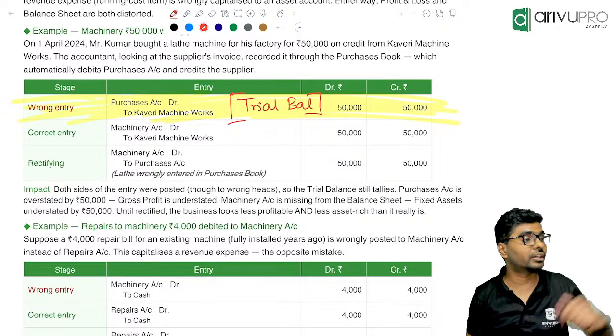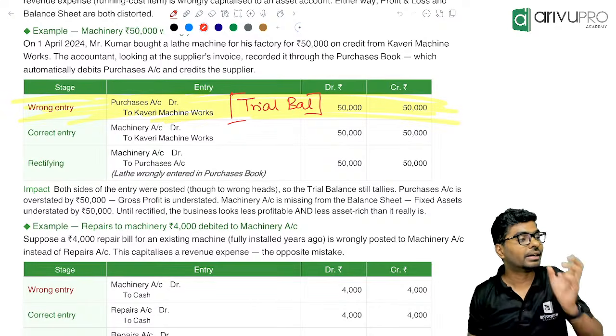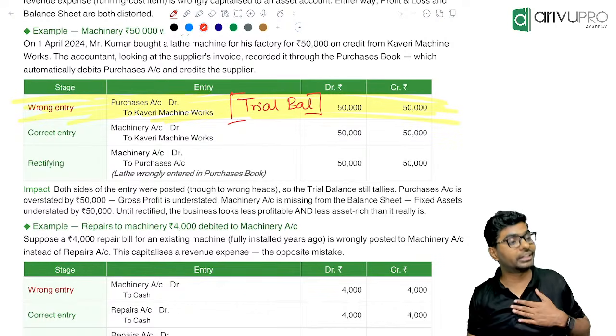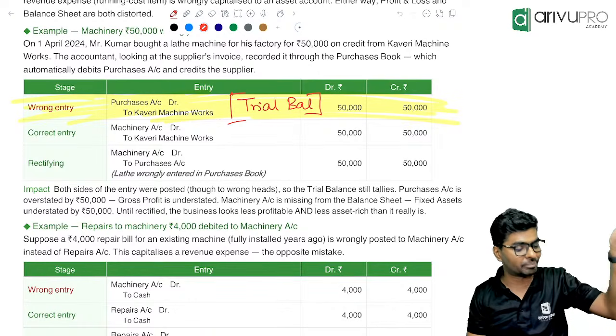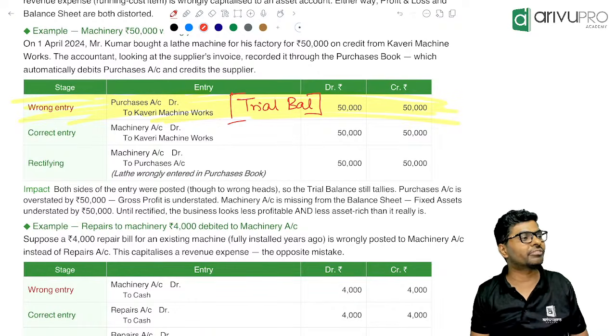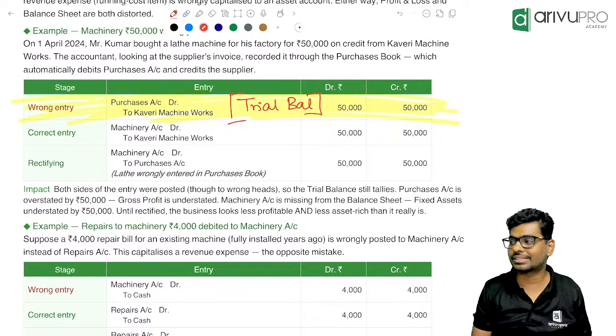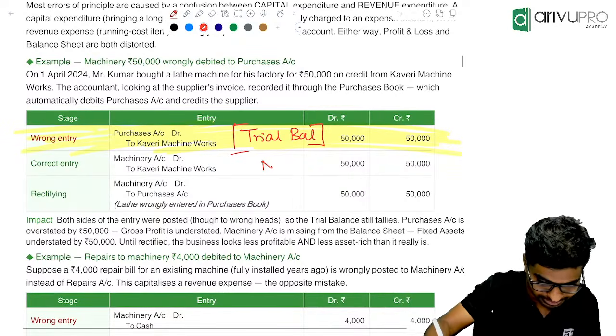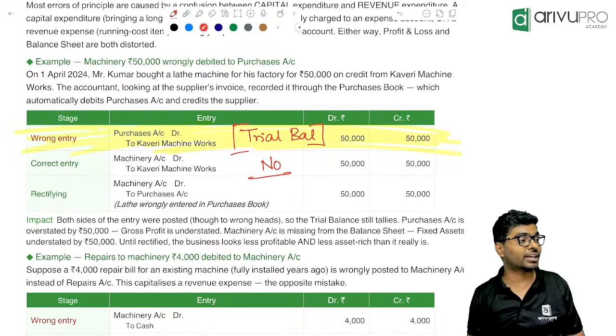What does affecting the trial balance mean? Debit should not be equal to credit. Now, when I did the wrong entry, I gave the debit properly and the credit properly. Does it affect my trial balance? The answer is no. So an error of principle does not affect my trial balance.